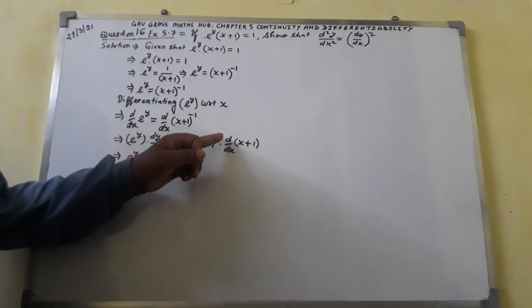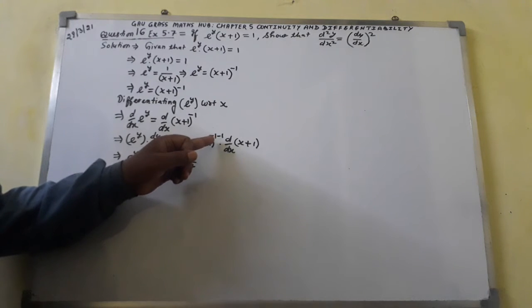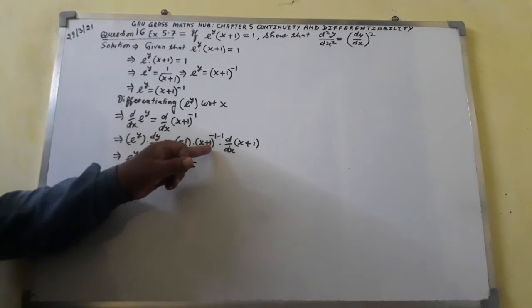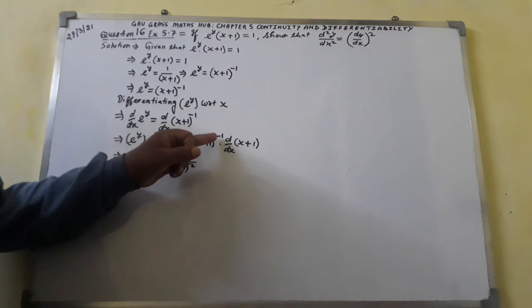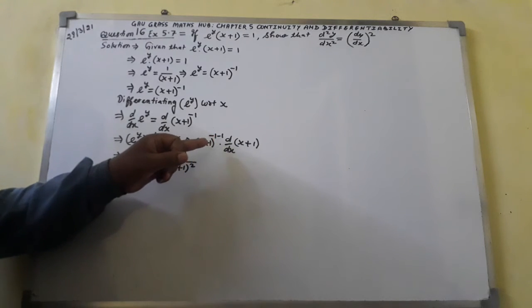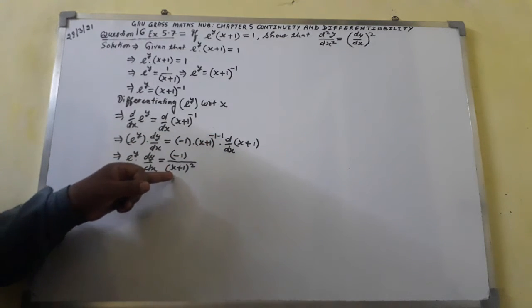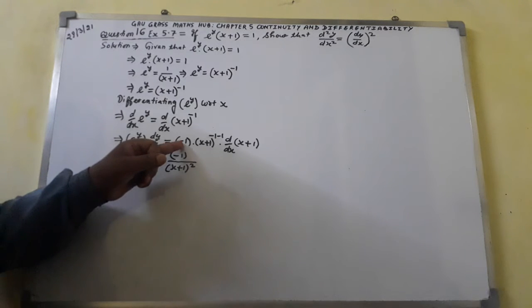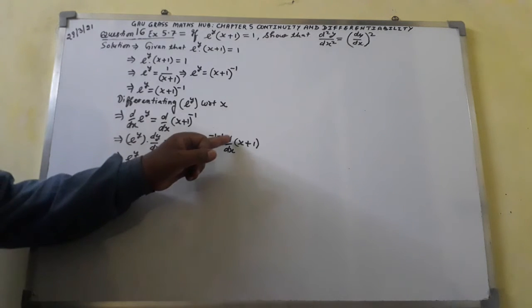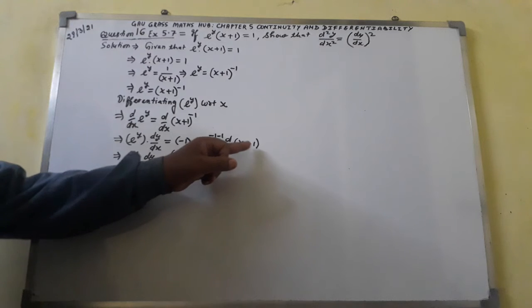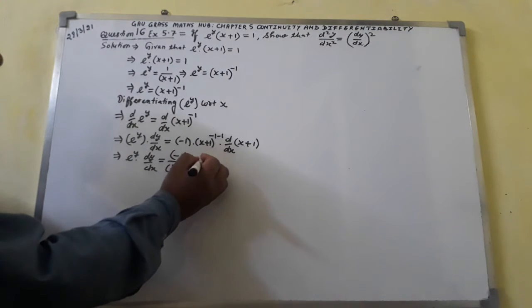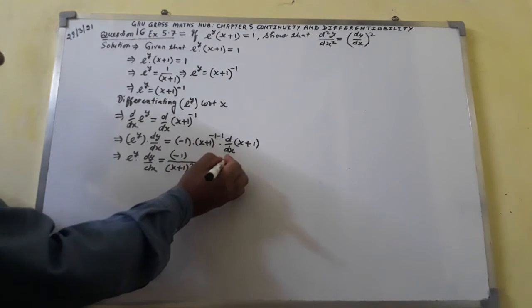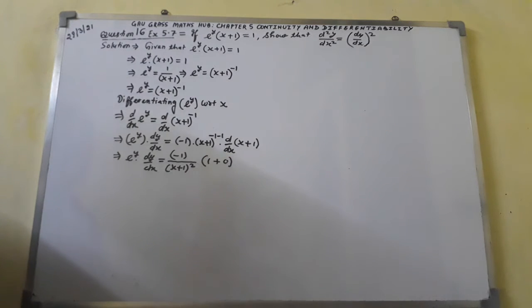Because here minus 1 will be added, it comes out to be minus 2, x plus 1 raised to the power minus 2. If you operate this, you will get 1 over (x plus 1) the whole square. Here minus 1 we will get. Here d over dx of x plus 1 comes out to be 1 plus 0. This thing you will get.